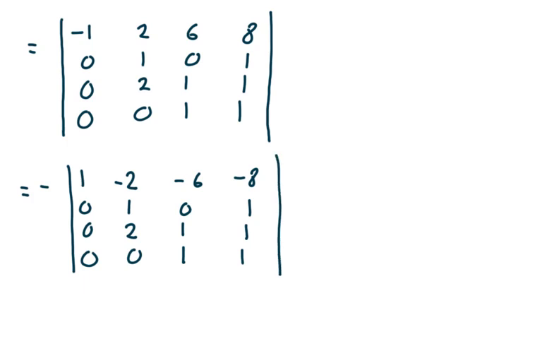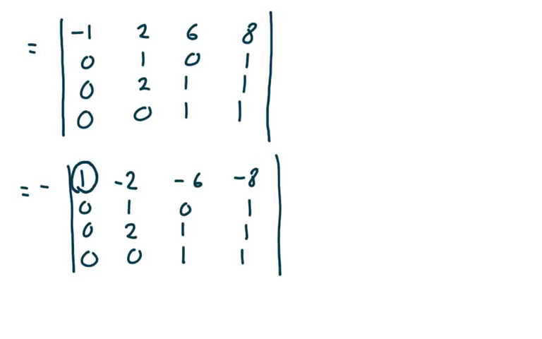Now, I could make the same argument to you in that if I expand around the first column of this matrix, I only have to deal with the cofactor of that entry here. And so basically, I can reduce this to a 3x3.